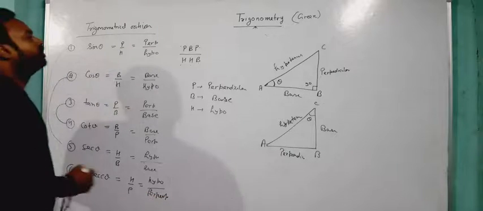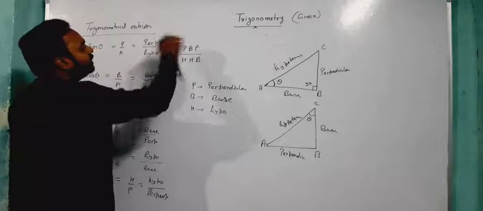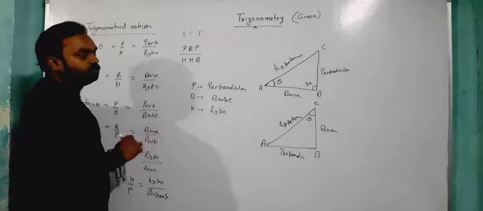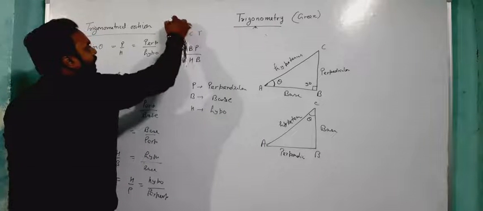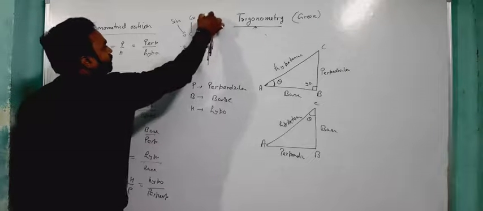If you want to learn the sequence, you can use the trick Sona, Chandi, Tolo. S for sine, C for cos, T for tan.